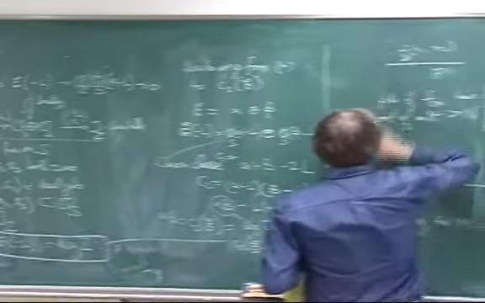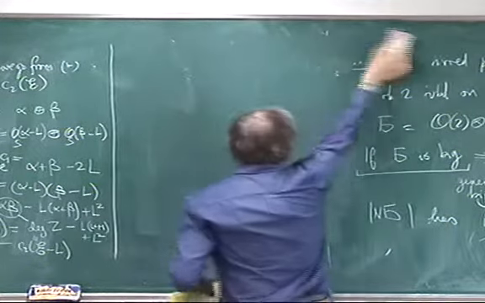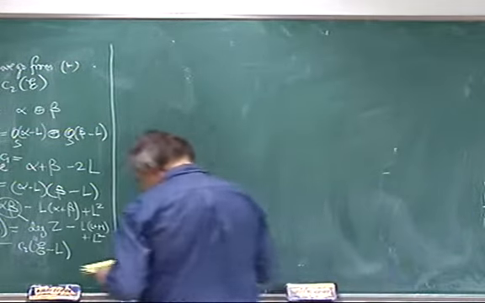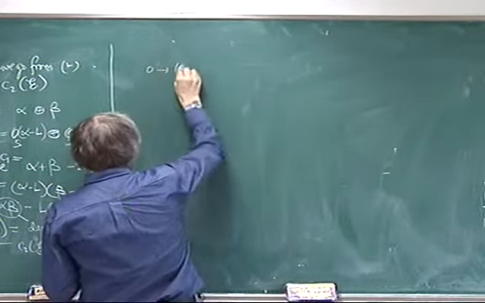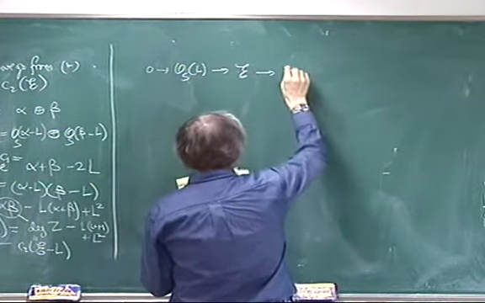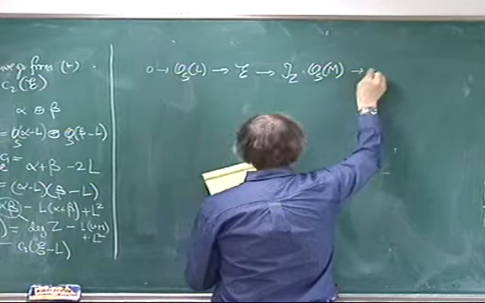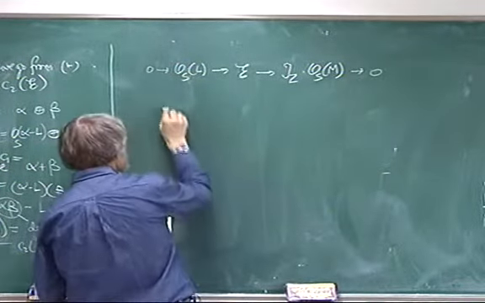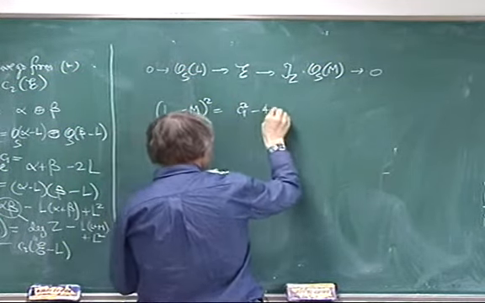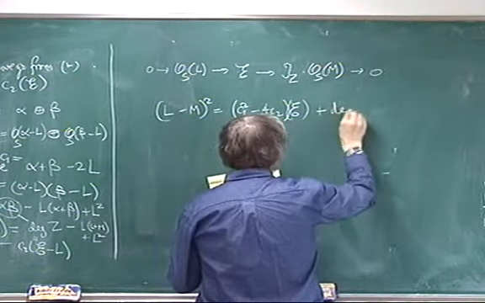The conclusion, which I seem to have got slightly screwed up at the moment, is that if I have this sequence, 0 goes to OS of L, goes to E, goes to IZ times OS of M, then L minus M squared is C1 squared minus 4C2 of E plus 4 degree of Z.